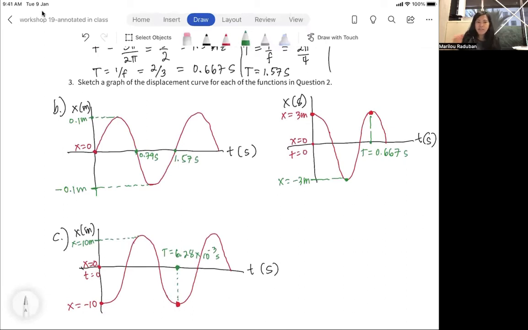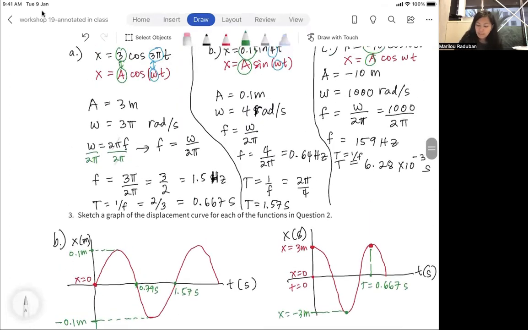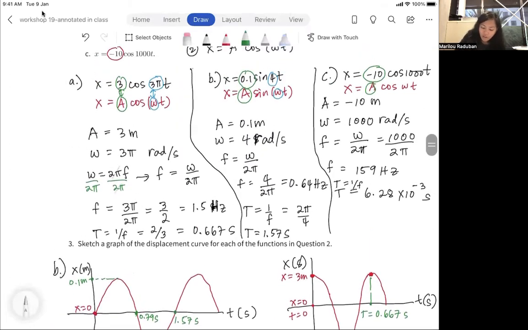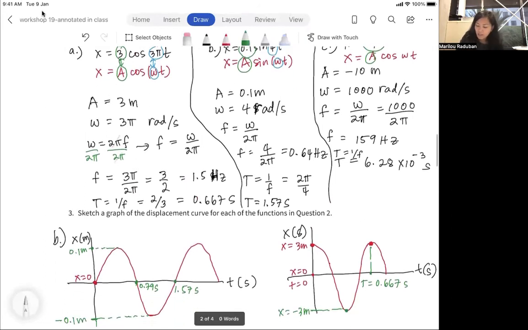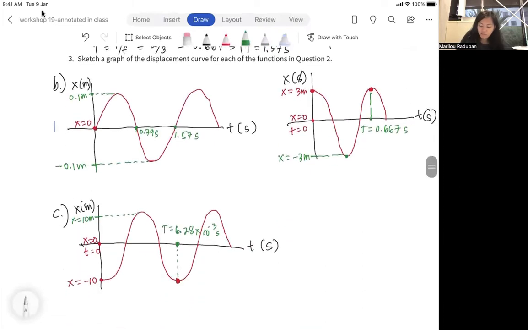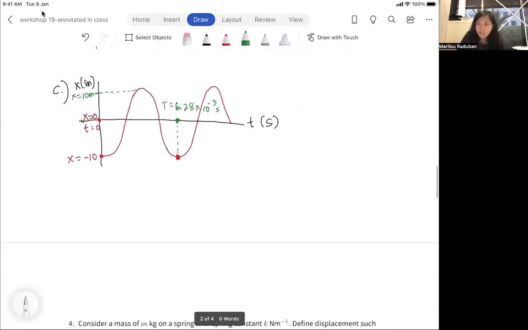It's actually B and C. B and C, they're both cosine functions, but their graphs look different because in A, your object is starting from a positive 3 meters, but in C, your object is starting from negative 10 meters. Okay. But they're both starting from the amplitude or the maximum displacement. Okay, thanks, Willow. See you next time.